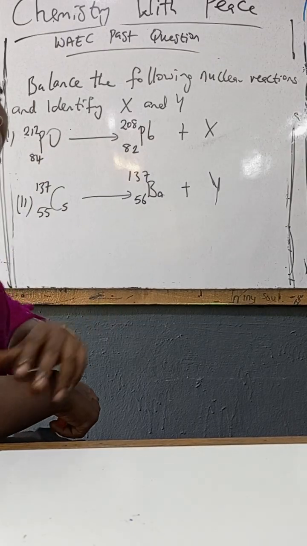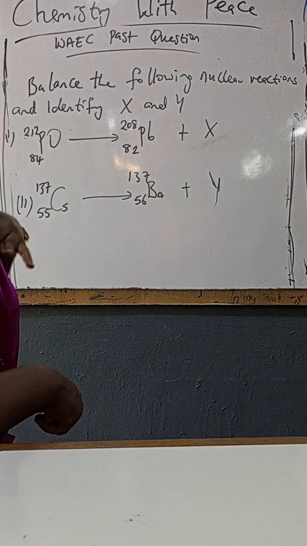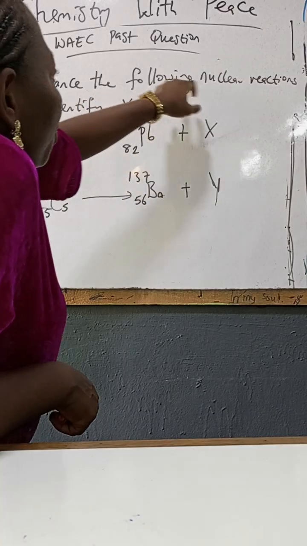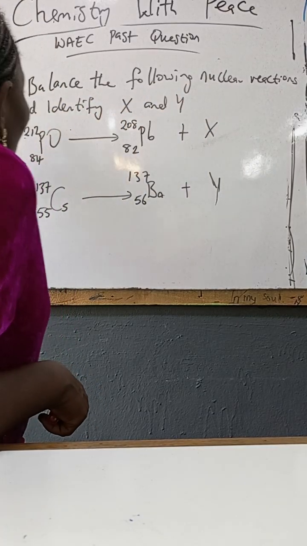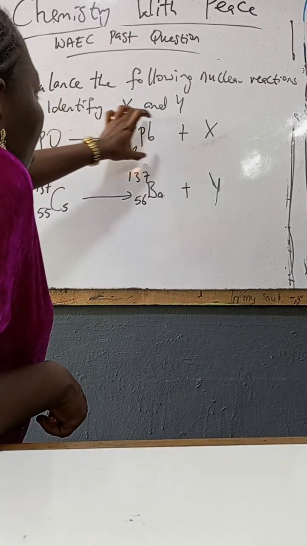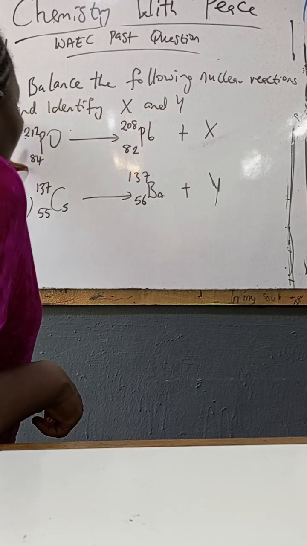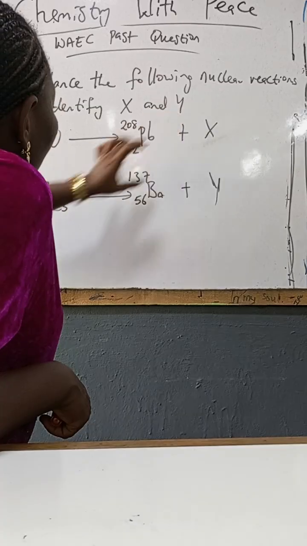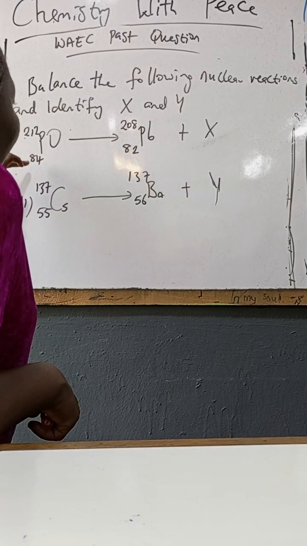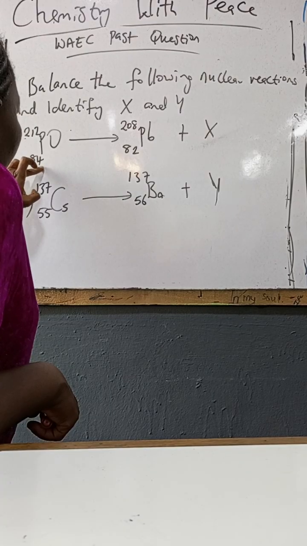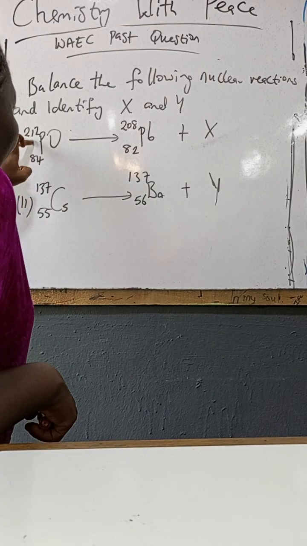Okay, so here is another question from past questions. Balance the following nuclear reactions and identify X and Y. So this is a nuclear equation, a nuclear reaction. This is another one. This one is polonium having atomic number of 84, mass number of 212.